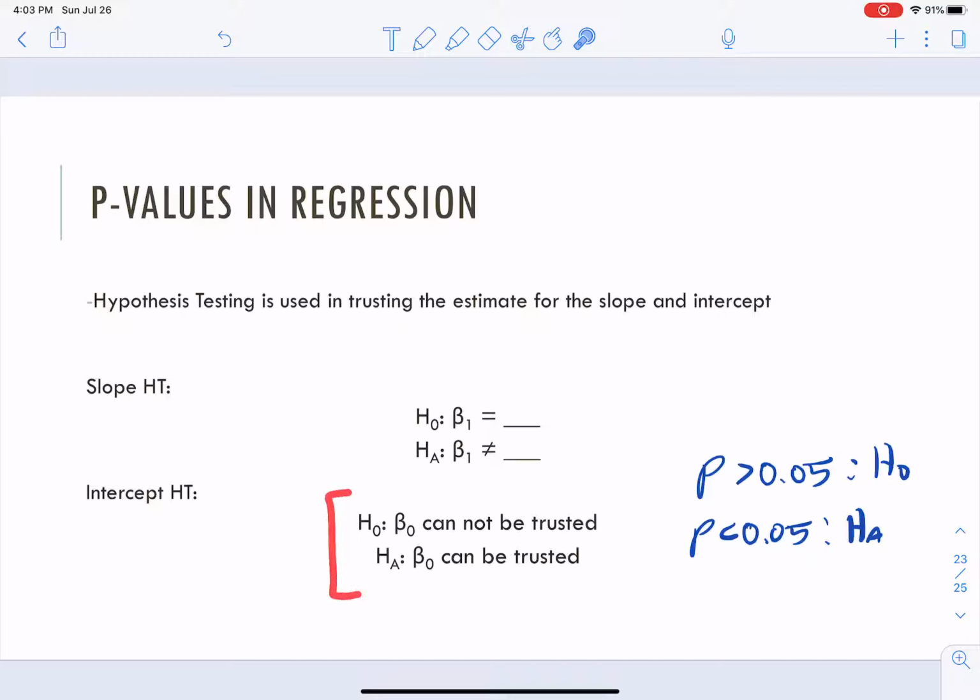So if your p-value for your intercept in your model, and we'll write this down, is below 0.05, then we can trust that this value is close to reality. If it's not, then we cannot trust that this value is close to reality. If the p-value for just the intercept is over 0.05, we can't trust this.